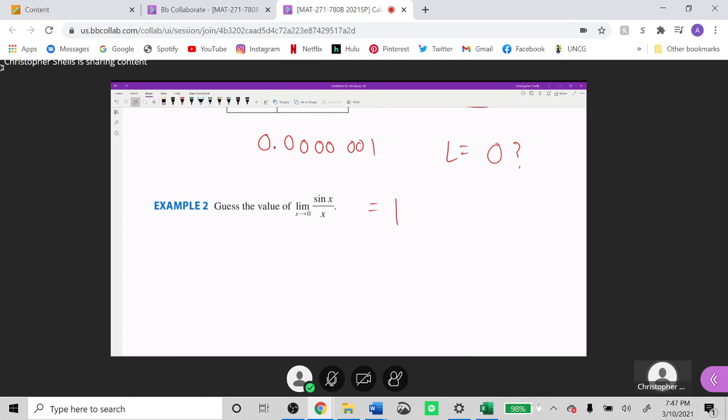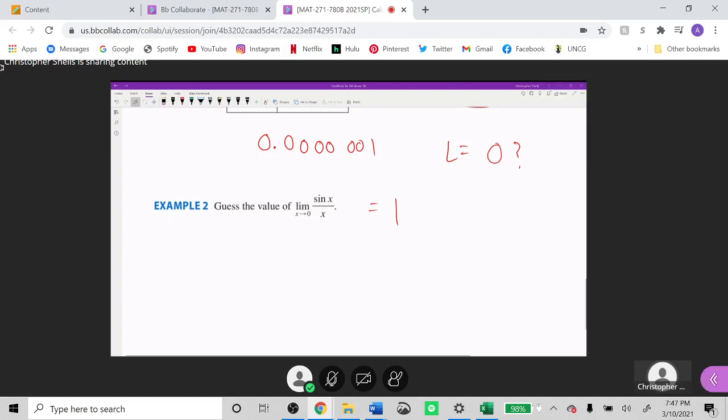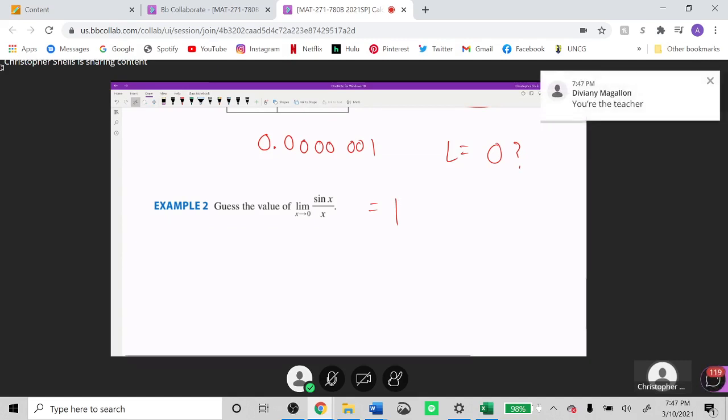Let's see. Do we have time to discuss one-sided limits? Maybe we don't have time really to discuss one-sided limits. I think that we should probably pick up with one-sided limits tomorrow, because we only have a couple of minutes left.